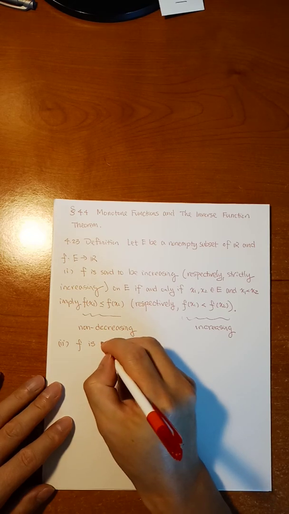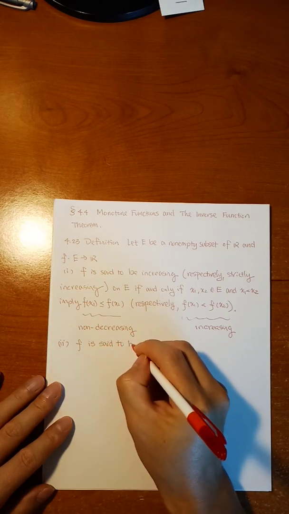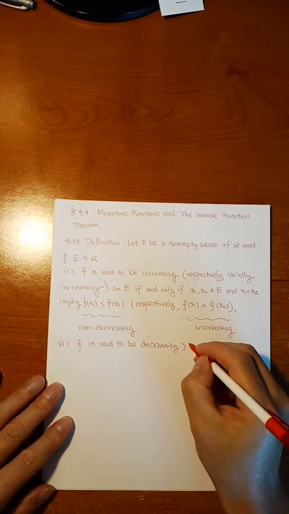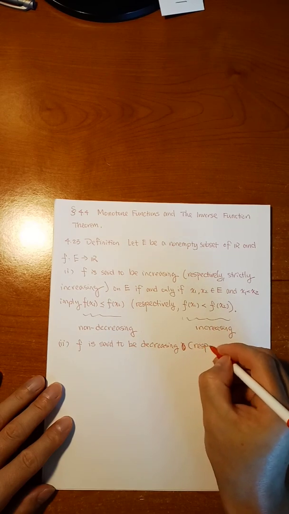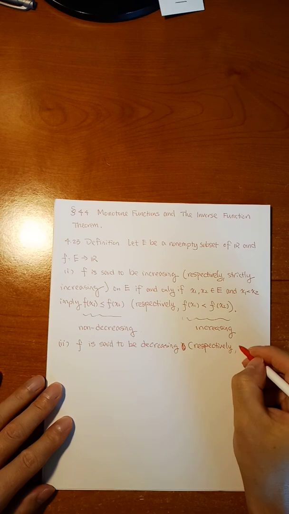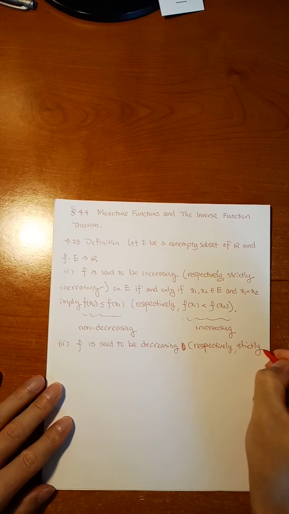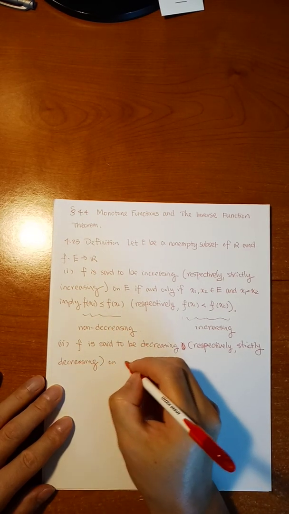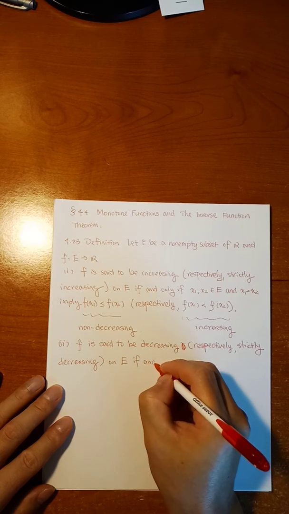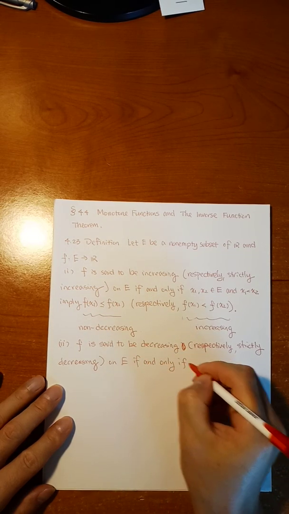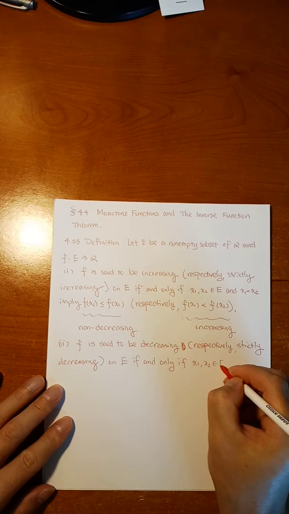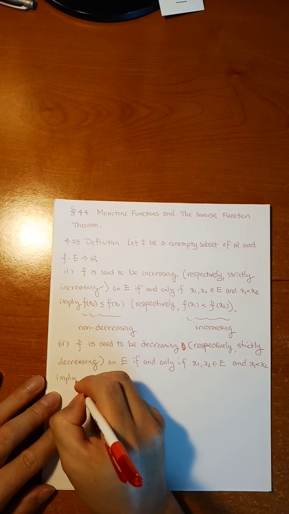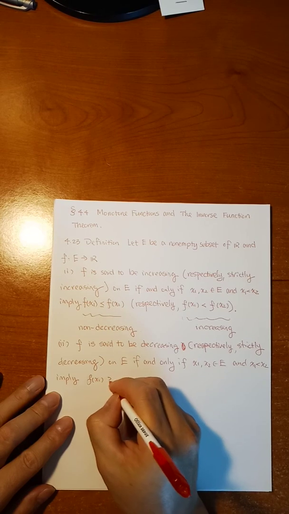Similarly, f is said to be decreasing, or respectively strictly decreasing, on E if and only if x1, x2 in E and x1 less than x2 imply f(x1) is greater than or equal to f(x2).